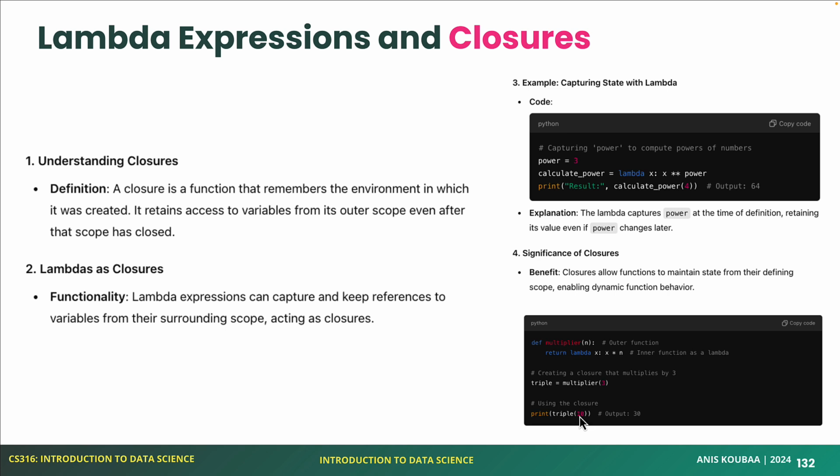So 10 here is x, and 3 is outside of the scope of the lambda expression. The closure is with respect to n, the exponent, because n is not defined in the scope of the lambda expression. It is defined in the scope of the function.